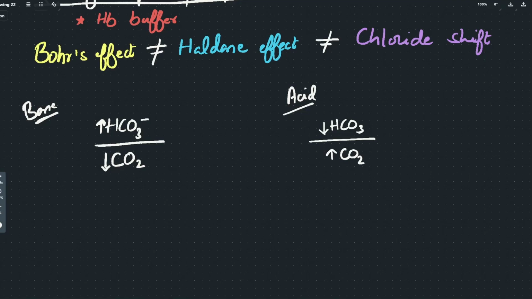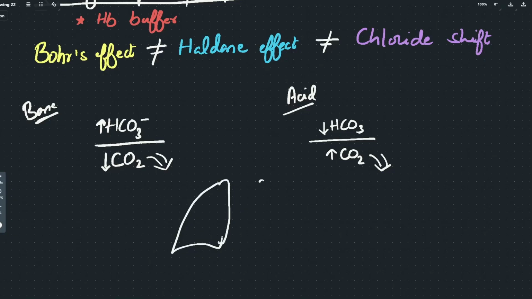And what will replenish these components? The CO2 part. Of course, all the time we exhale CO2, so this part is directly related with our respiratory system.